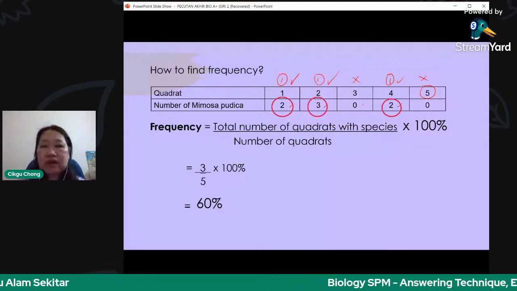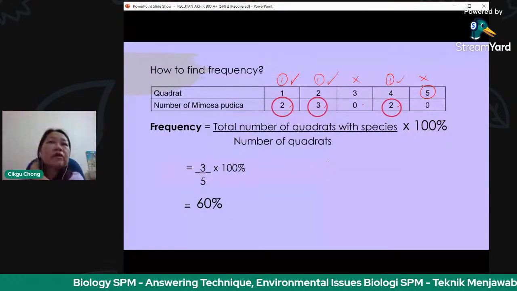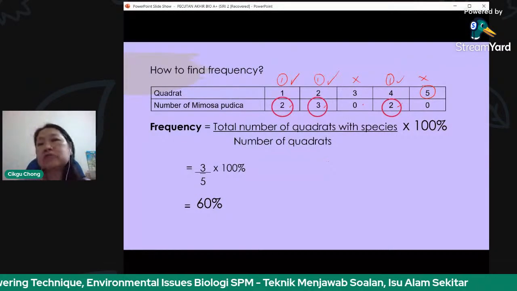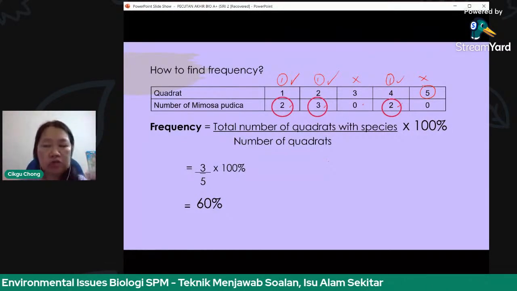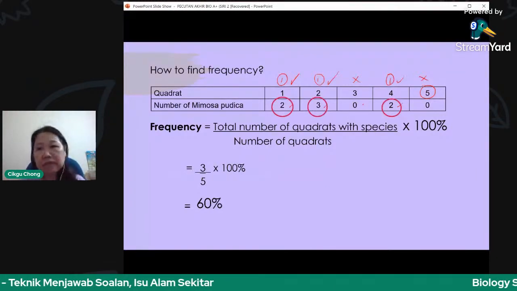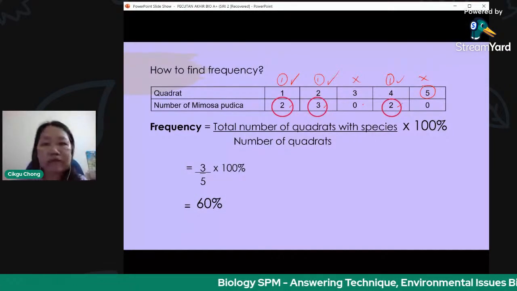Okay, one more. This is for plants, I remember. These are for measuring, we call it estimation of population for plants or things that do not move. Okay, they do not move very fast. Because once you put your quadrat there, if it's an animal that can move like ants, by the time you throw it there, you walk over there, your ants are all gone off already, all run away from the quadrat.